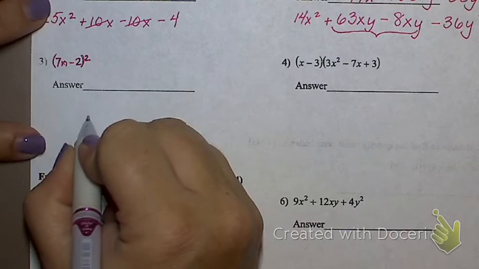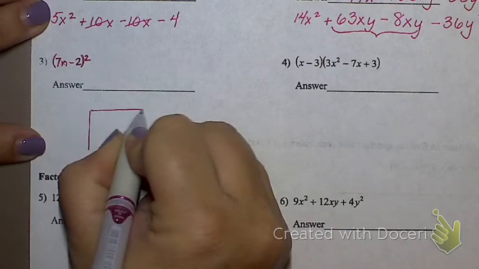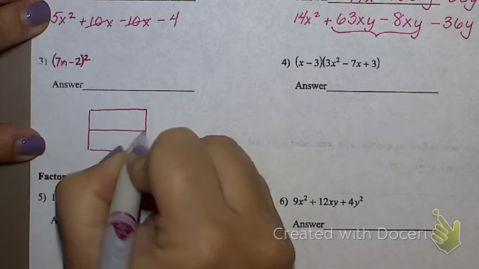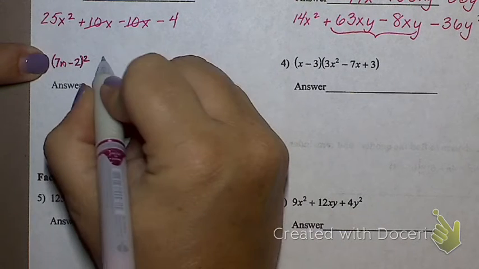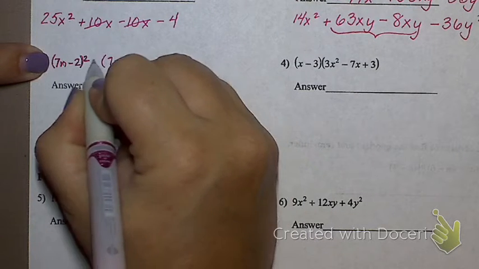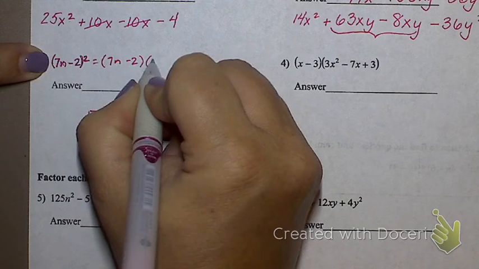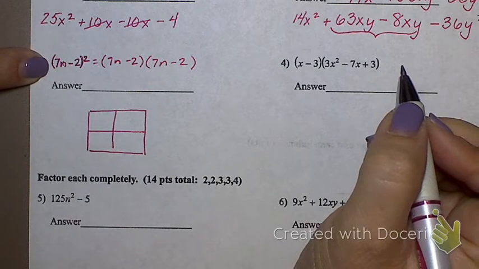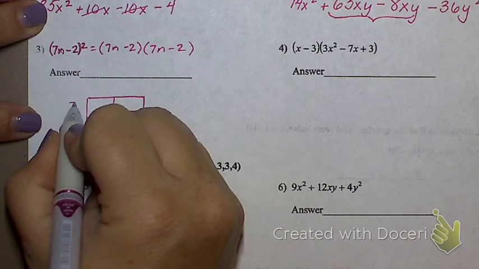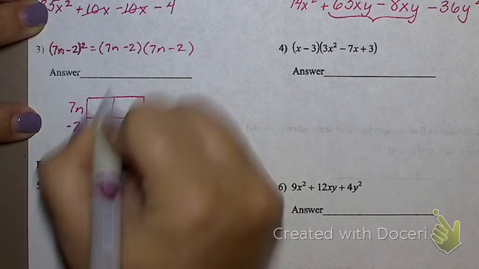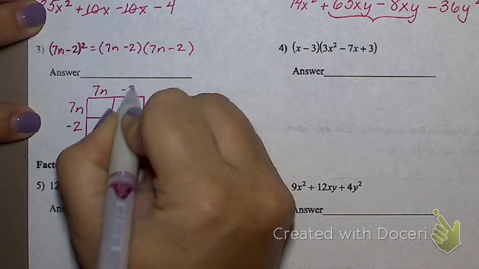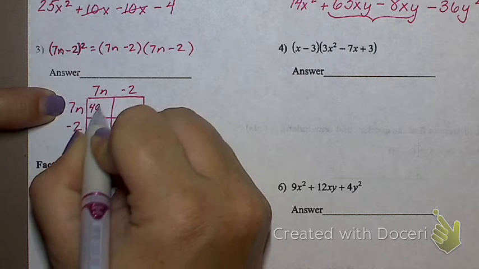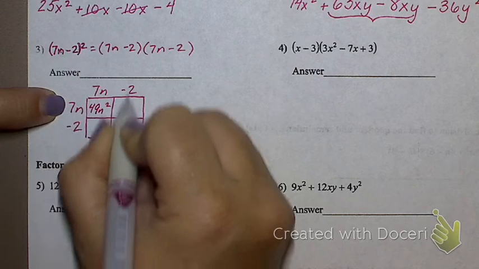So I'm going to use box method this time, like I said. So I need a 2 by 2 box because 7n minus 2 really means 7n minus 2 times 7n minus 2, right? So 7n negative 2, 7n negative 2. What is 7n times 7n? 49n squared. 7n times negative 2?